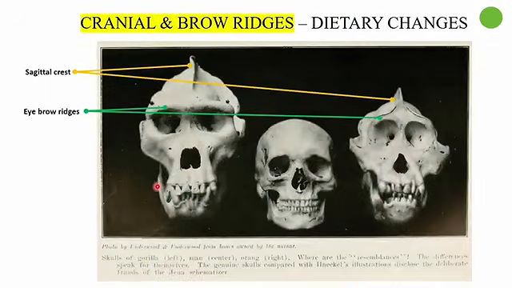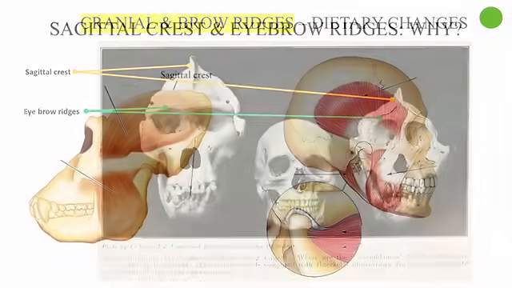Right, here we can see our sagittal crest quite nicely. Here's the Homo sapien. Here we have another ape-like organism, and how much that sticks out. Now the eyebrow ridges also become more pronounced in our ape-like ancestors as opposed to ours, which are a little bit more reduced over time.